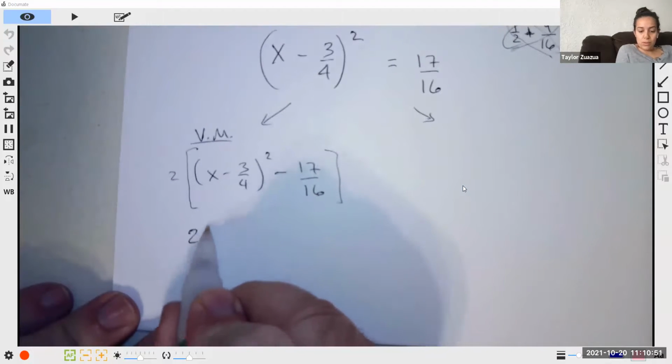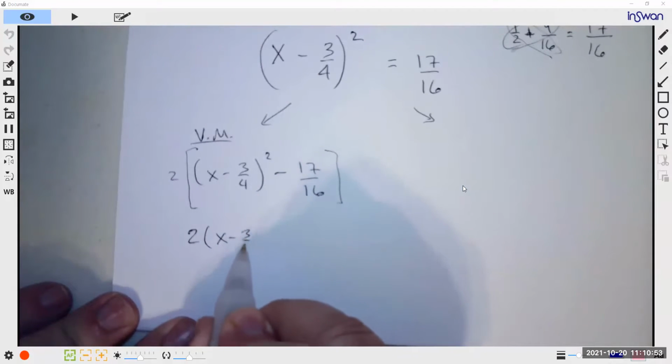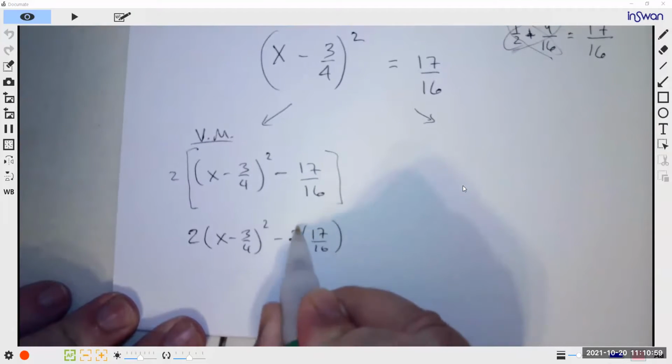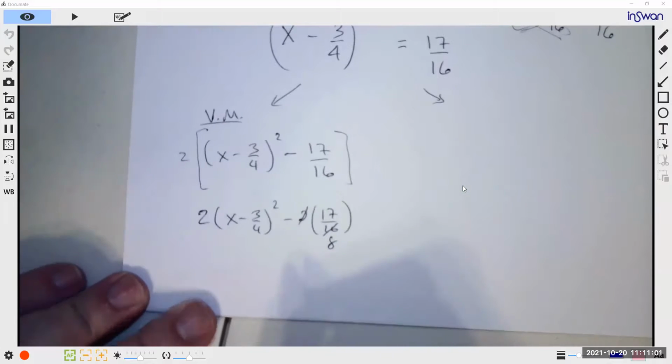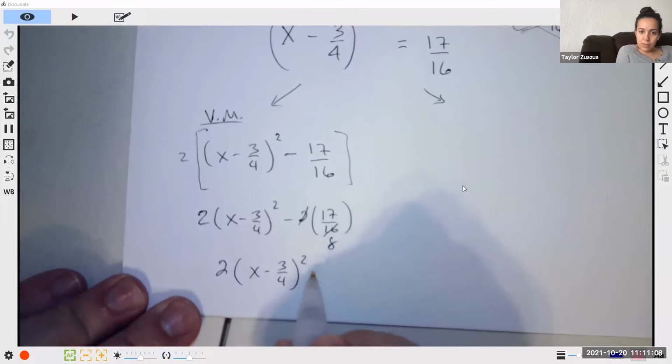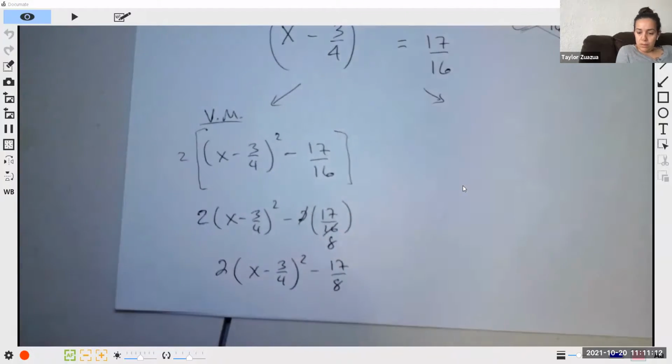So we get 2 times x minus 3/4 squared minus 2 times 17 over 16, which is 17 over 8.